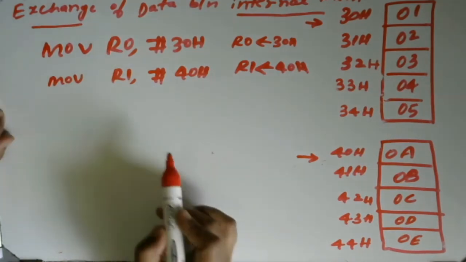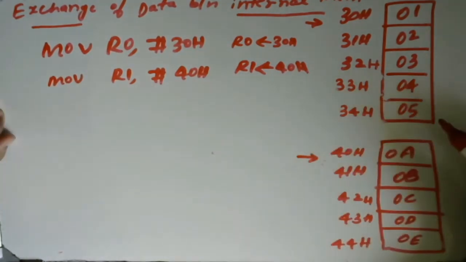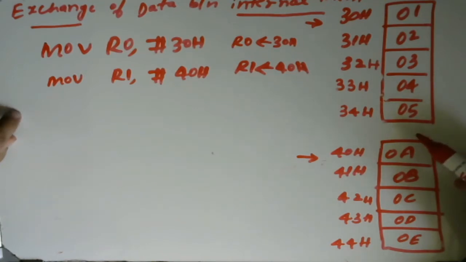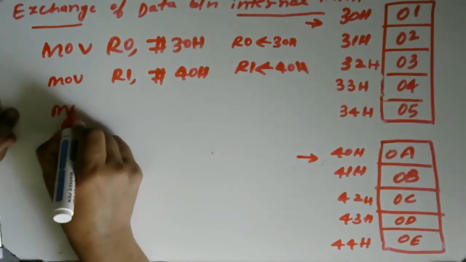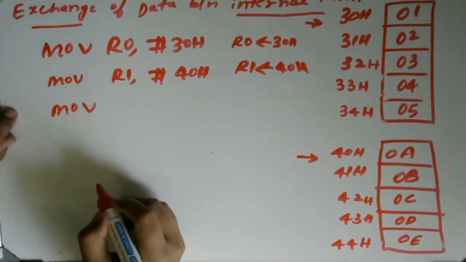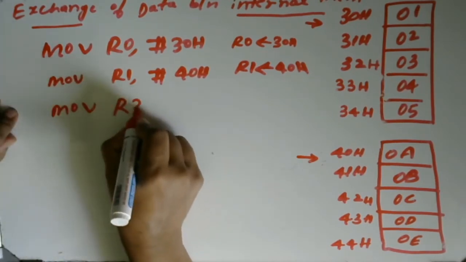The next thing is we need to decide how many data we are going to exchange, because if we are using a loop instruction, we must know how many times we need to repeat that loop. For that reason we need to initialize the counter. For that, any register you can use. I will use the register R2.